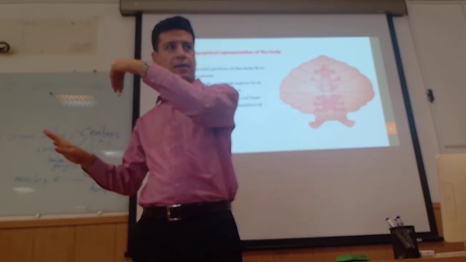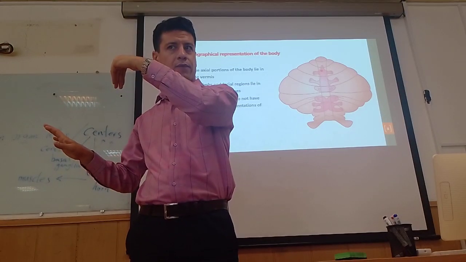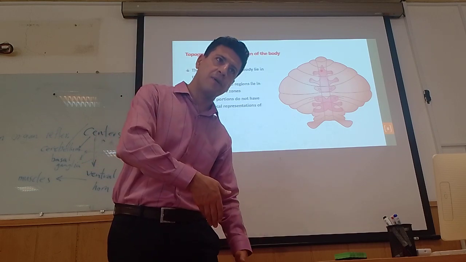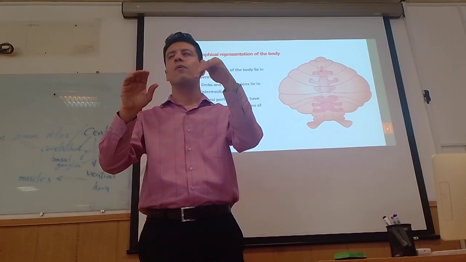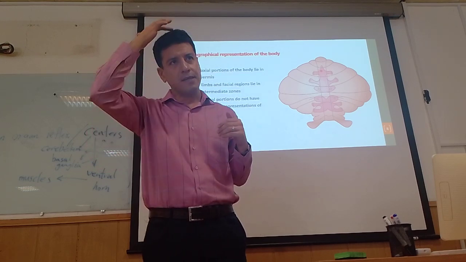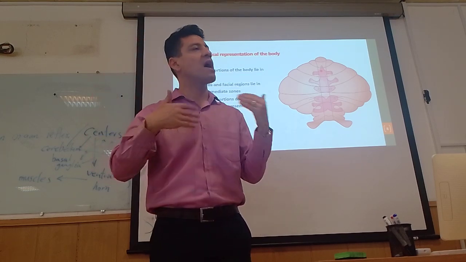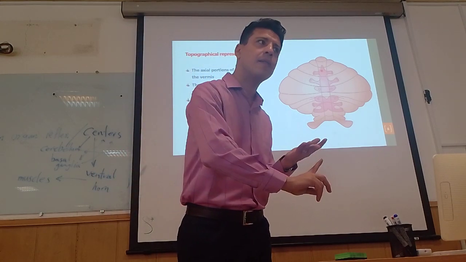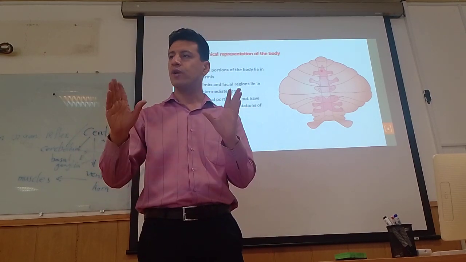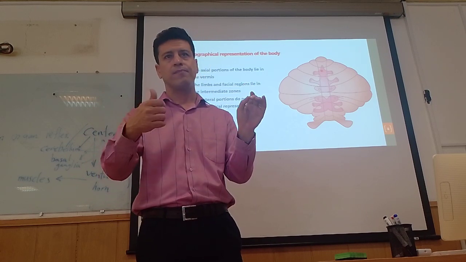The right side is important for the movements of the left side of the body, and vice versa. So we have a map in the cerebral cortex. We also have a map in the premotor cortex, and another map in the supplementary motor area. Which one is more precise?